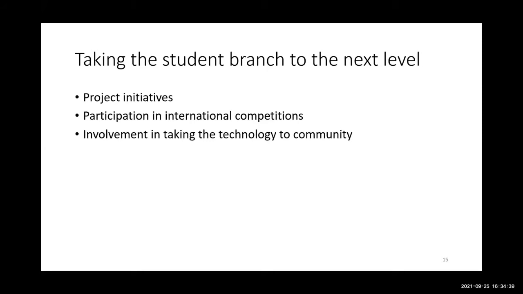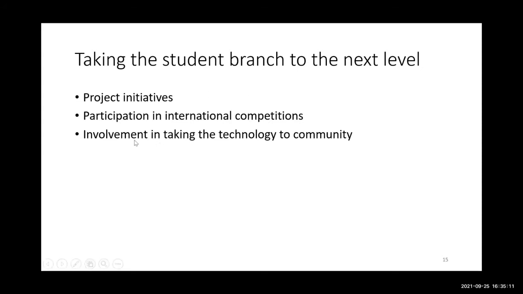And then that will give us a chance to go to stages where you can see what others are doing, right? What kind of activities, what kind of projects other students are doing around the world, and you may get a chance to win prizes. That will give more exposure and recognition to our branches and to the Sri Lanka section.